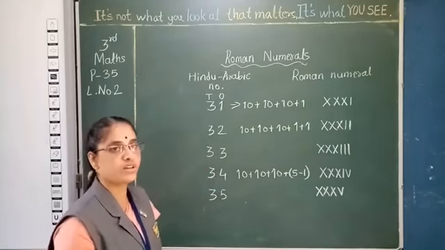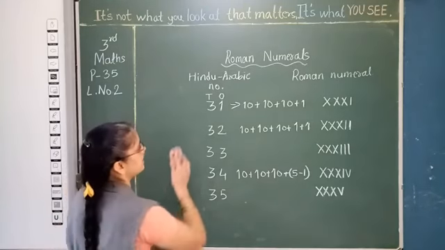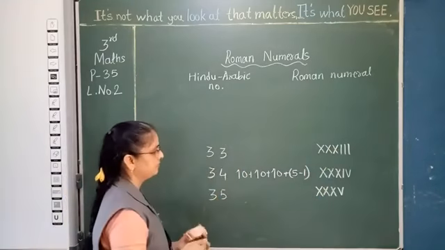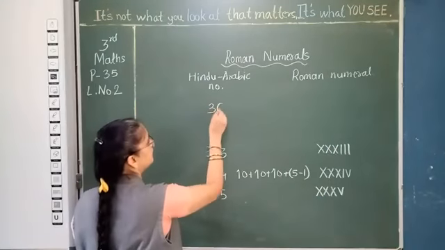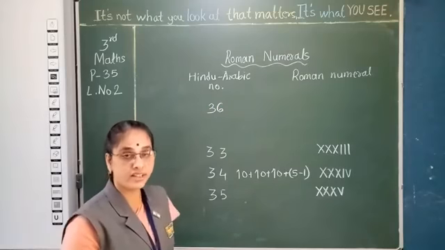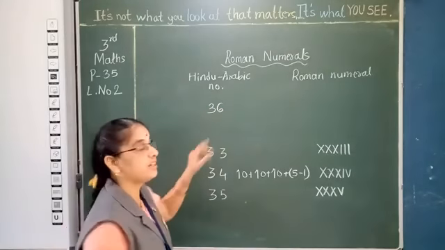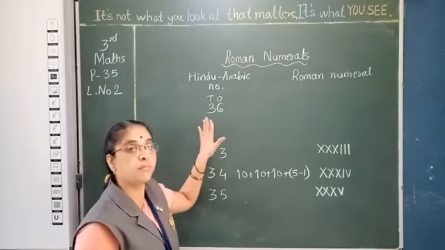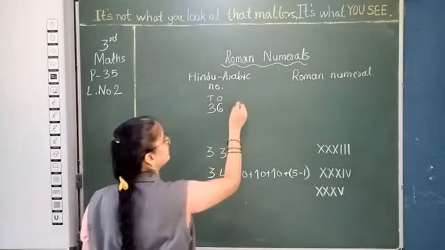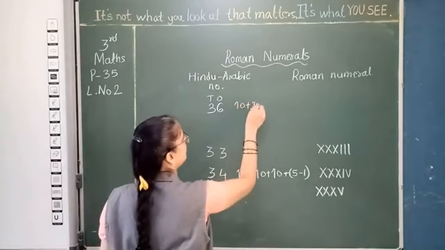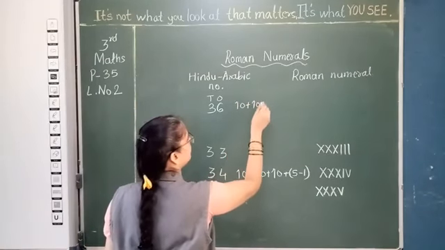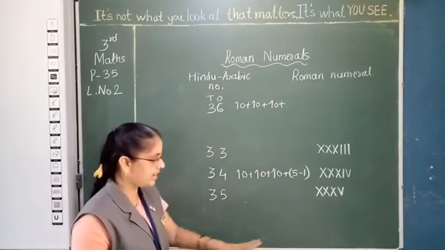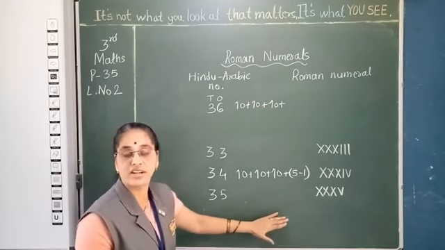Now let's see the next number, that is 36. Again, what are you going to do? 10 plus 10 plus 10. And what about 6? What are you going to do? Previously we had 35.